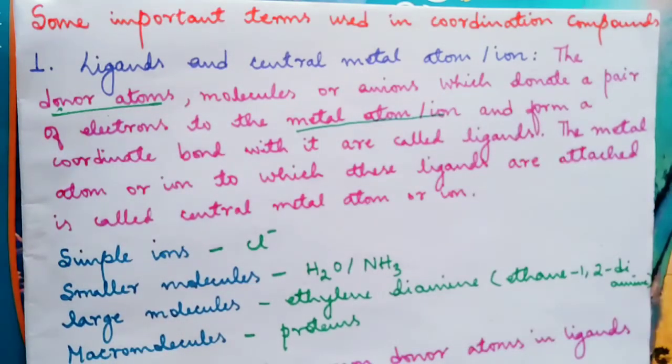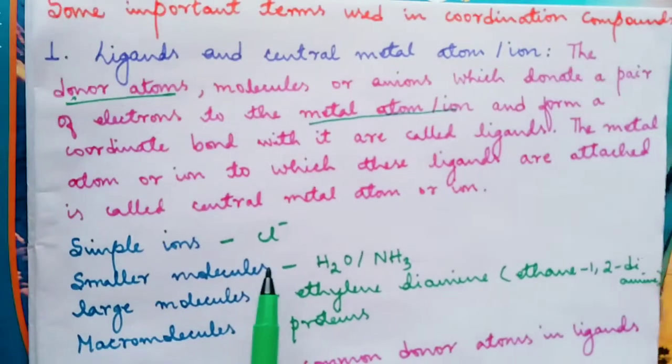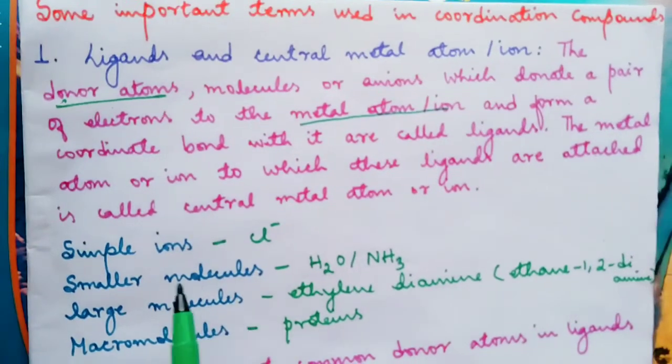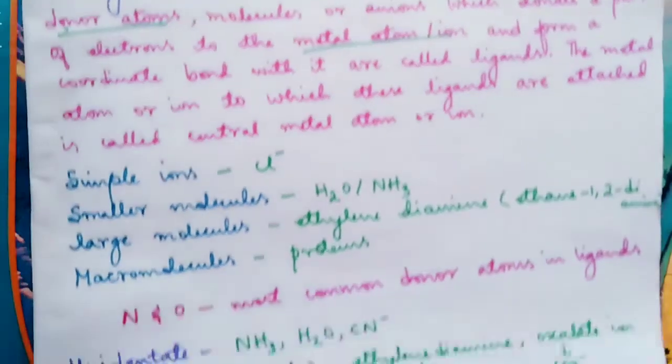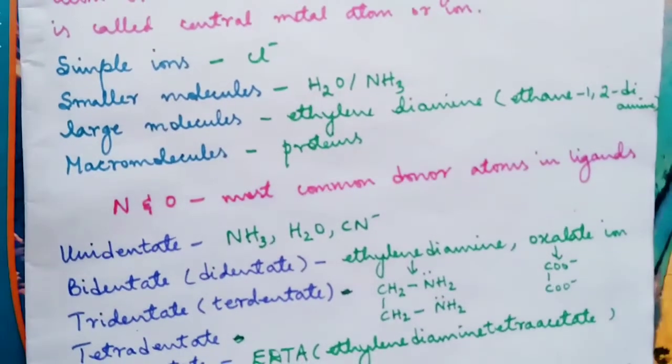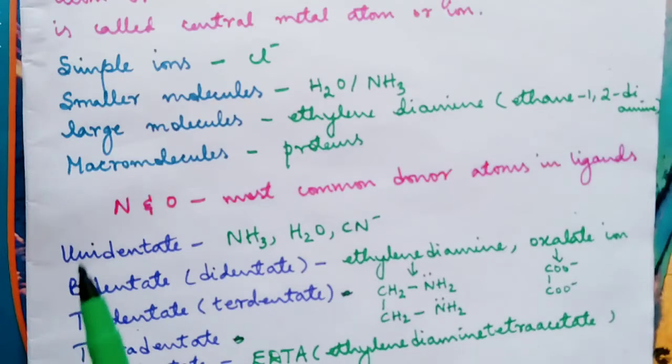The ligands may be simple ions such as Cl- or small molecules such as H2O or NH3. They might also be large molecules such as ethylene diamine, or macromolecules such as proteins. In every ligand you will see that nitrogen and oxygen are present. Nitrogen and oxygen are the most common donor atoms in ligands.